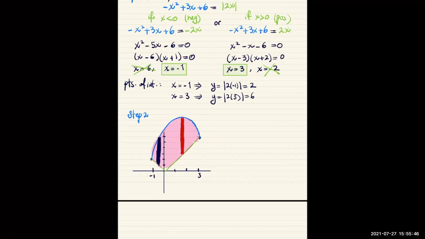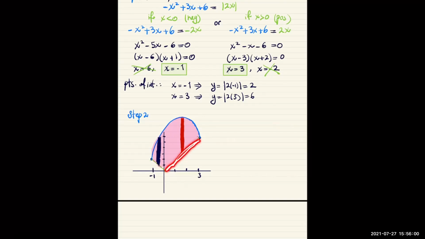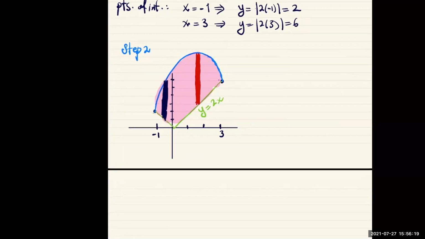So no matter where you draw the strip, the top function is always the parabola. But the bottom function is now this line. It's a different piece. And we can get the equation of these lines. This line is basically y equal to 2x. And who can tell me the equation of this line? Y equal to -2x.